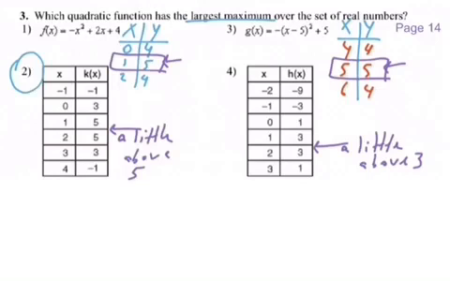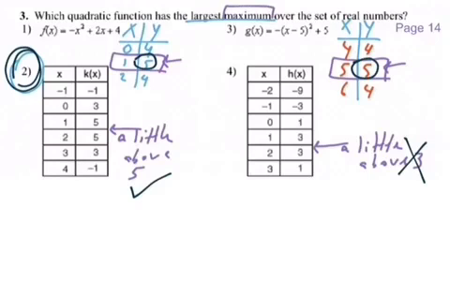So if they want to know for the maximum, since choice 3 has a 5, and 3 is below it, it definitely can't be that. Your answer has to be choice 2 because it's going to be a number a little bit above 5. So number 3 is going to be choice 2.